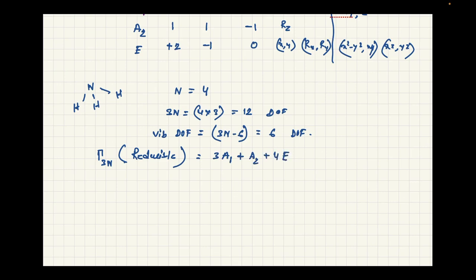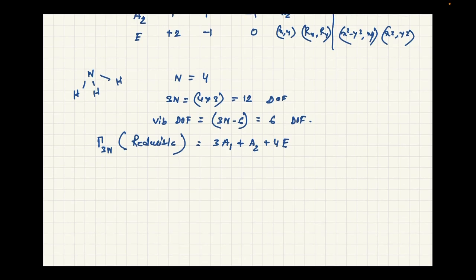Okay, so here E is two dimensional, so 4E will represent 4 cross 2 equal to 8 degrees of freedom. 8 plus 3 is 11, and here 1, this is 12. Total 12 degrees of freedom are there.